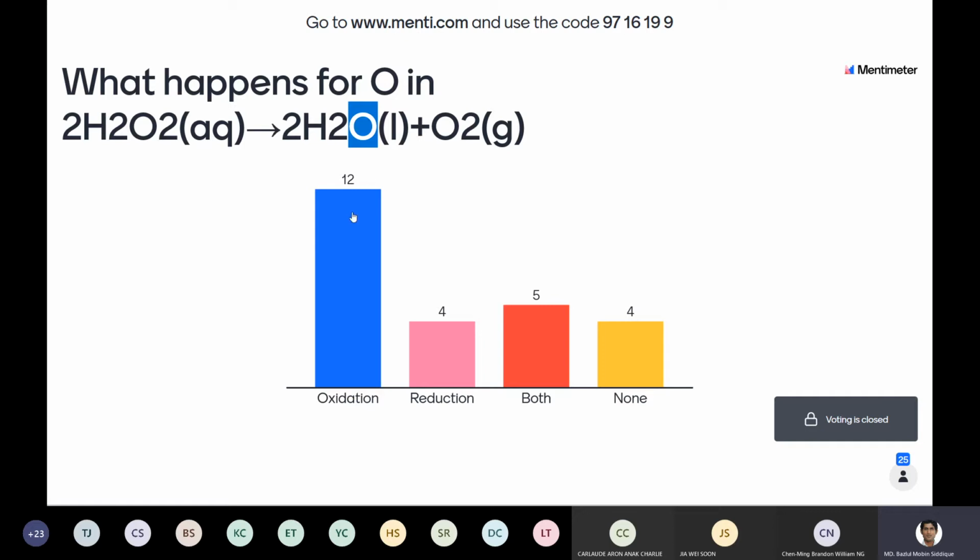If it is taking one more electron, that means it is gaining one electron, so this oxygen in the first product is reduced. But for the second product, oxygen gas, it is losing one electron and becoming 0. So that means oxidation is happening here. Both reduction and oxidation are happening in this case.